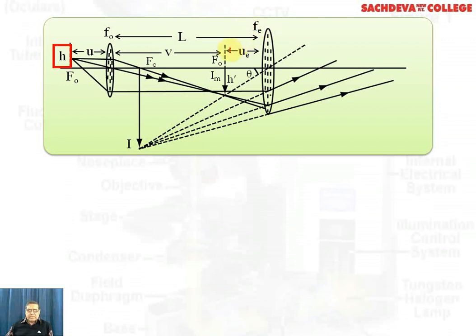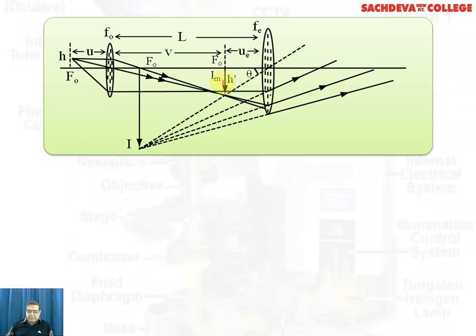Then h is the original height of the object and the object distance is u from the objective. The object is placed near f0, the focal length of the objective lens. The image will be formed with height h dash, which is the length of the image formed by the objective.